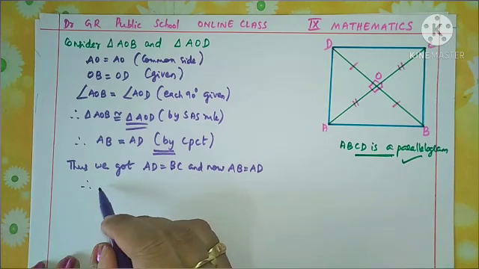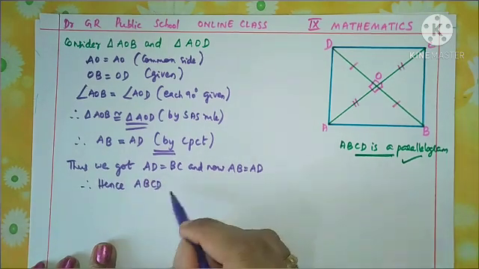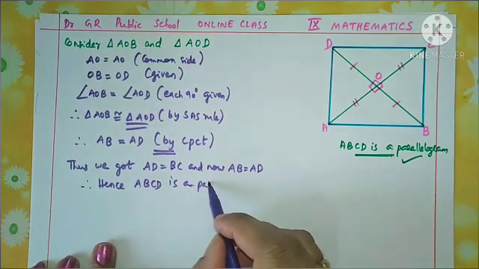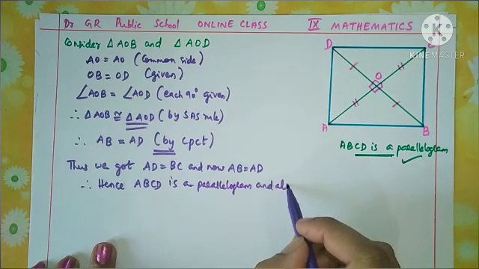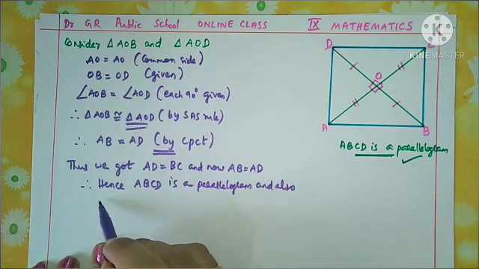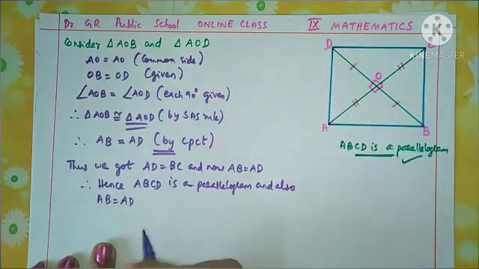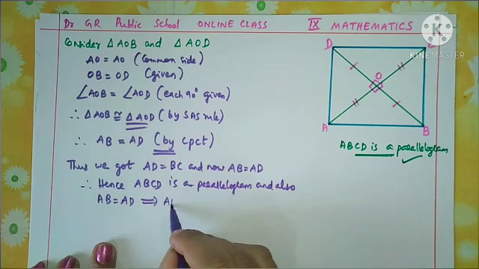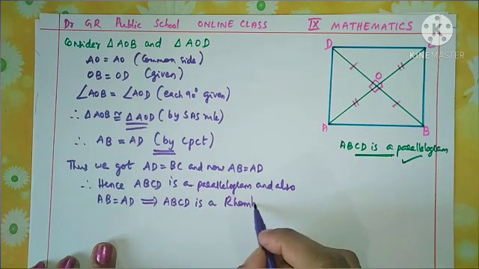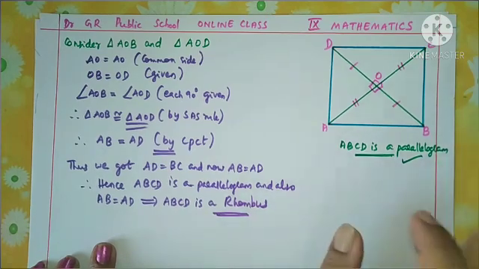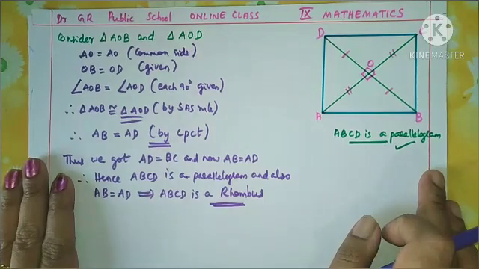Therefore, hence ABCD is a parallelogram and also AB equal to AD. The adjacent sides are equal. So, this implies ABCD is a rhombus. Okay. So, we got four sides equal. It is a rhombus. Now, we need to prove the angle is 90 degrees.